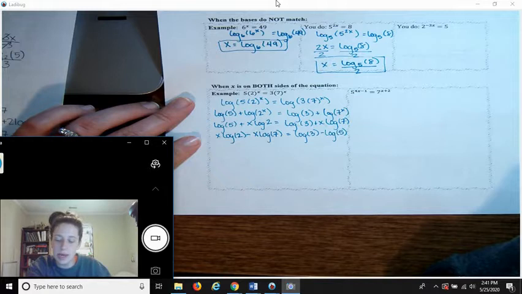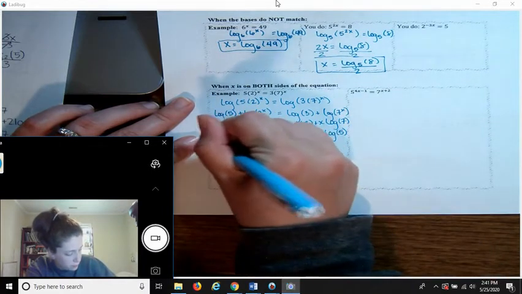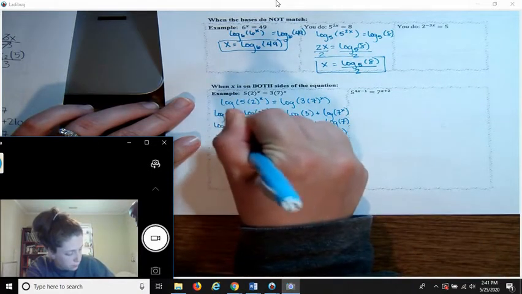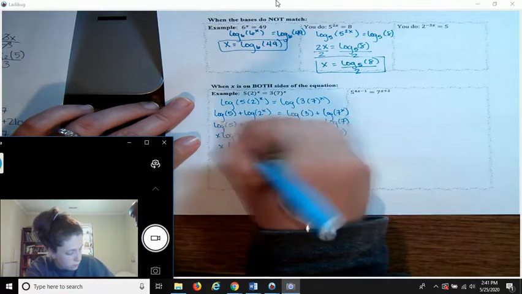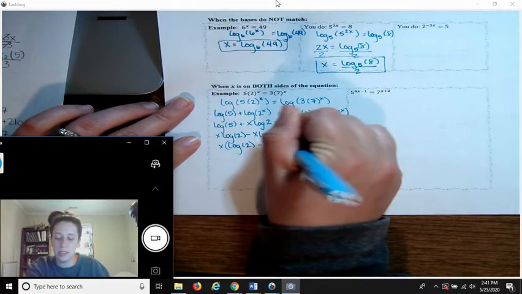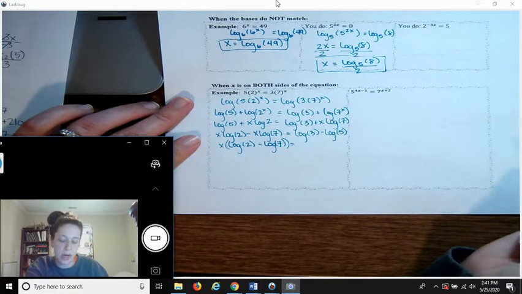And then what we can do here is factor out the x on the left-hand side. So many parentheses.